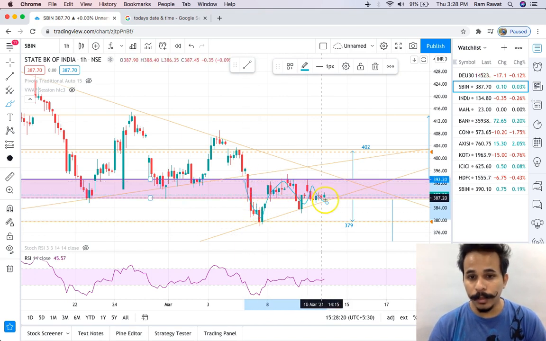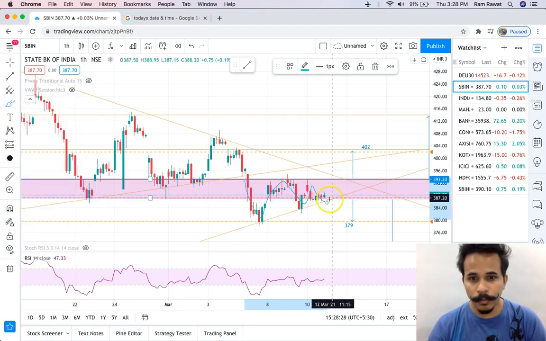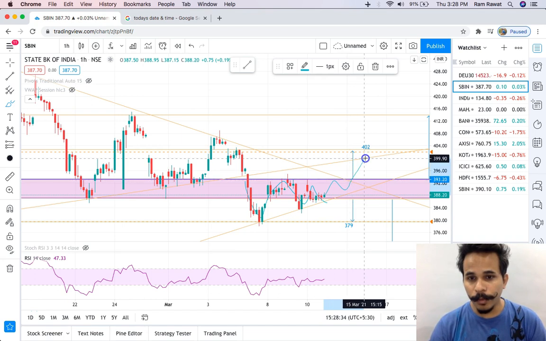If the stock is getting this support, see, suppose it goes up, comes down, goes up, and it is going up. Then you can actually enter the market and purchase the stock.